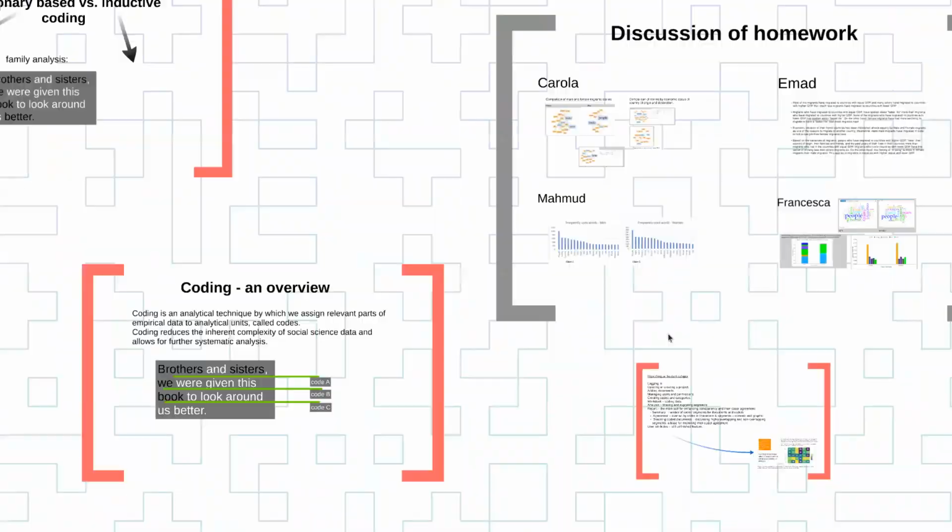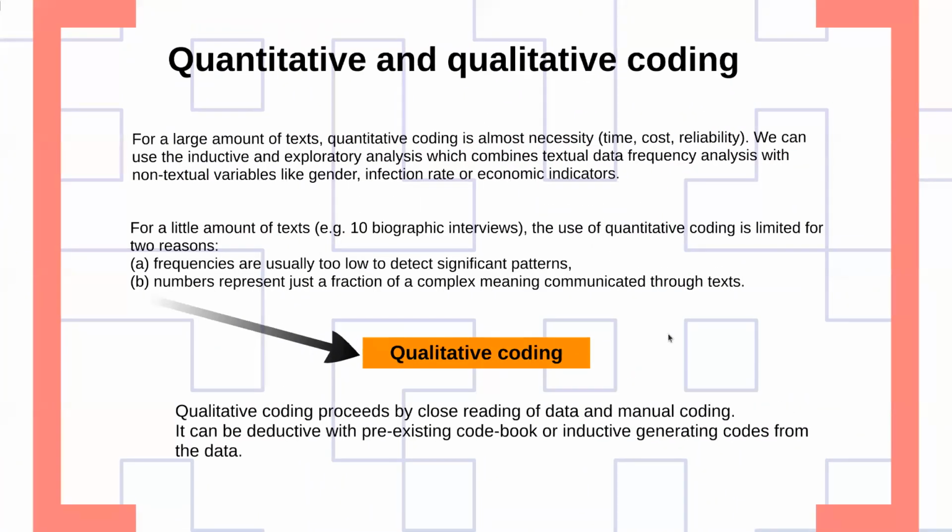So this is coding, and we can generally have two types of coding: quantitative and qualitative. Quantitative coding is convenient when we have a large amount of text that we cannot read and code manually. For example, with these 1,000 migrants' stories, to read and code them manually is impossible. So quantitative coding is a necessity, and our coding used keywords.